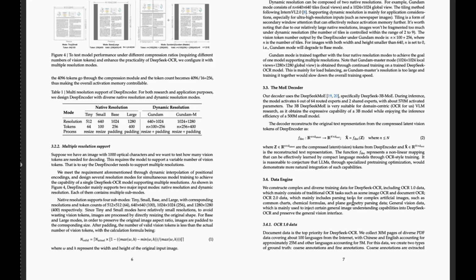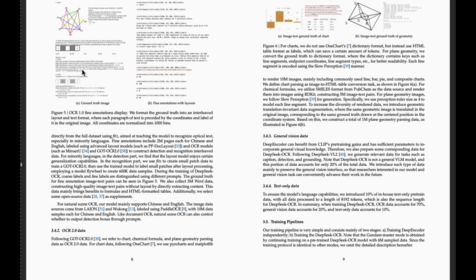And there are two types of data that we have used. One is only text and other is fine labels. Okay. And that information is something which will be there here if you see the ground truth image and fine annotations with layouts. So this is how it looks.